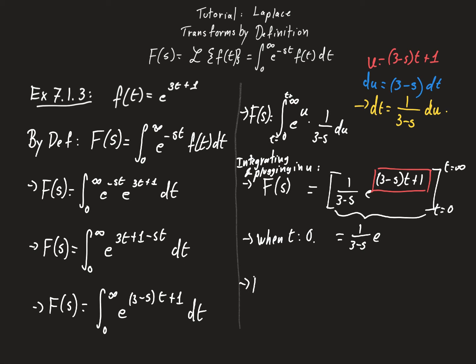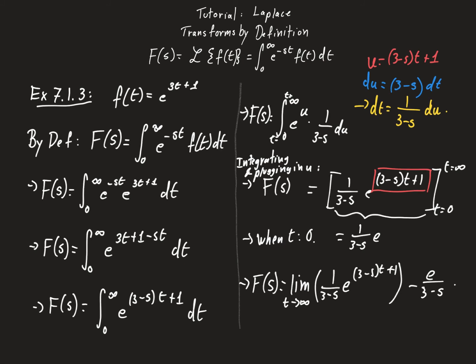So this is going to give us that capital F of s is equal to the limit as t goes to infinity of 1 over 3 minus s times e to the (3 minus s) t plus 1 minus e over 3 minus s.